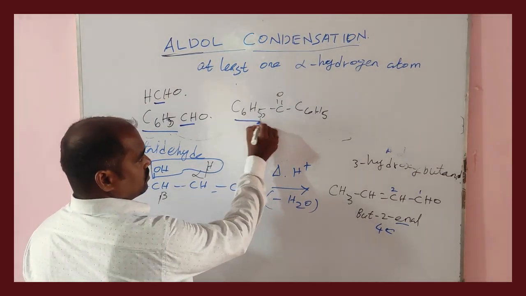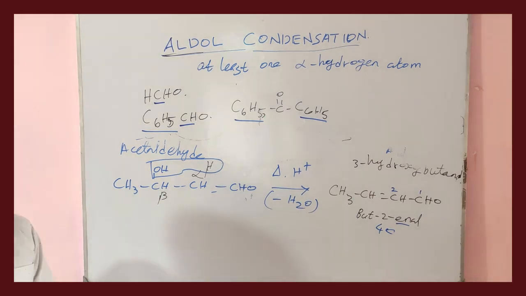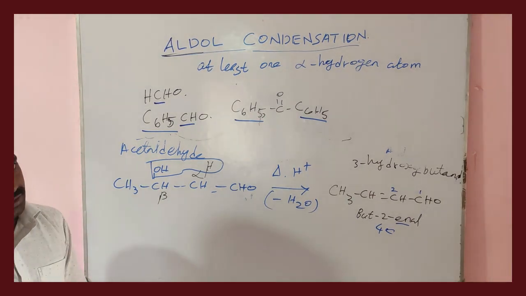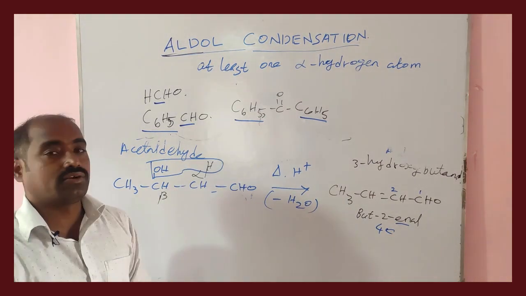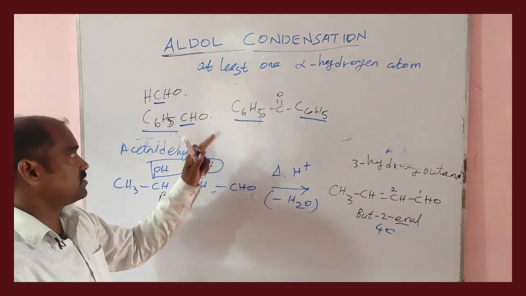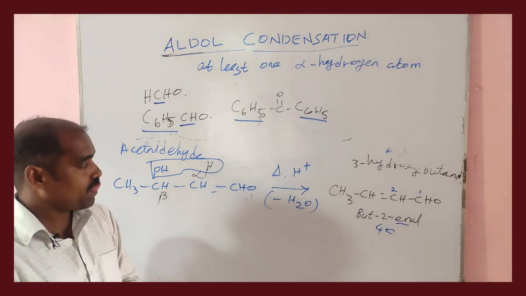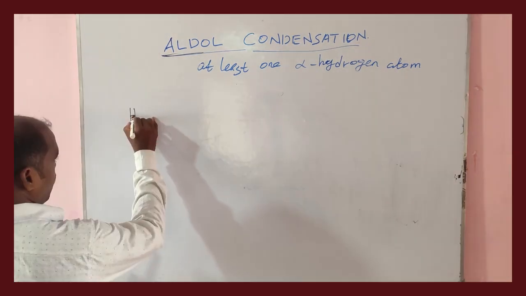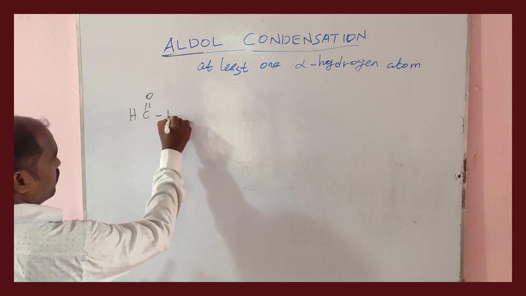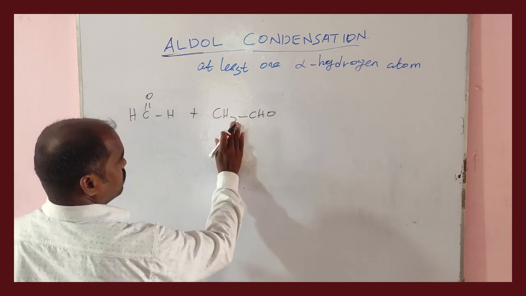So here also it is the same thing. These compounds do not undergo aldol condensation by themselves, but they do undergo mixed aldol condensation. This reaction is possible for mixed aldol condensation. I show: H C double bond O H with CH3CHO.